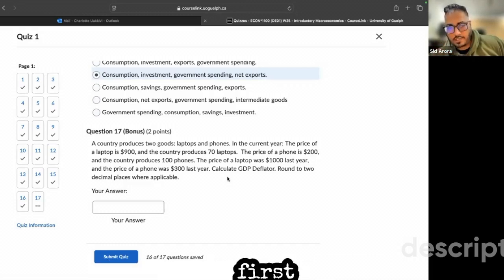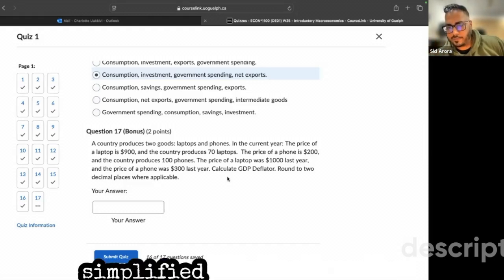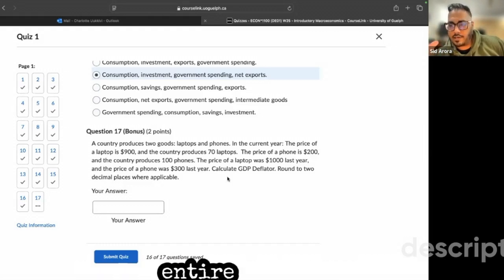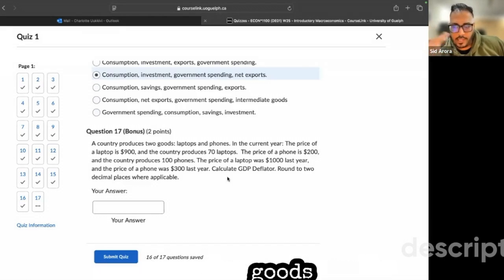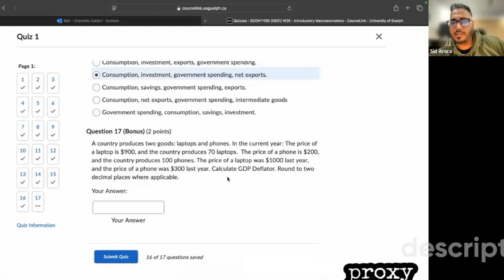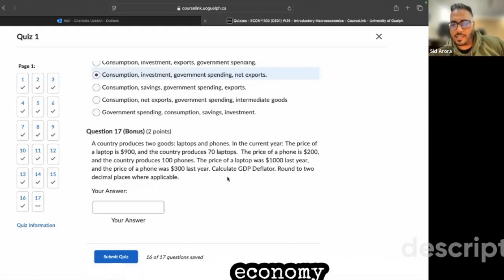The first statement says a country only produces two goods, so we're assuming, in this very simplified setup, that the entire economy only produces laptops and phones. GDP is essentially a proxy for how much the entire economy produces, and in this case it's only two goods.